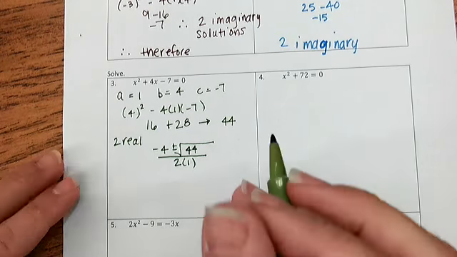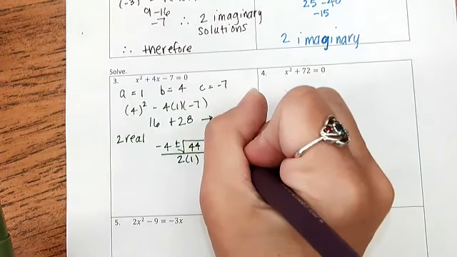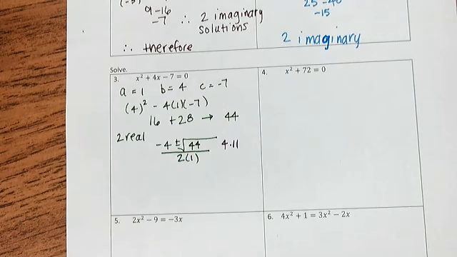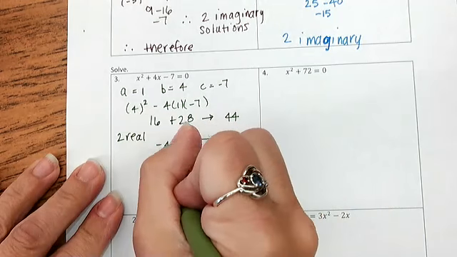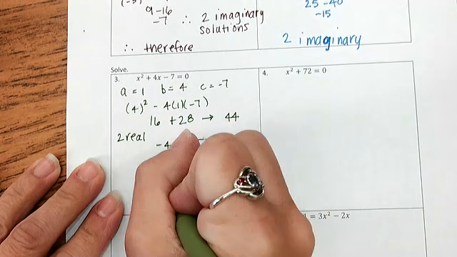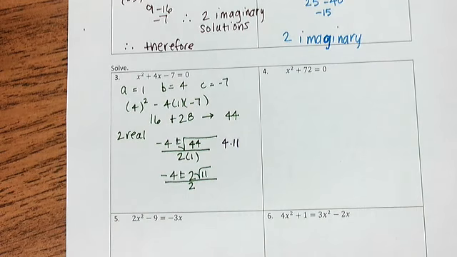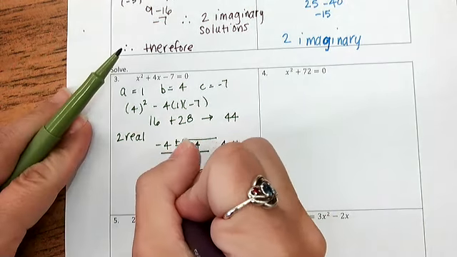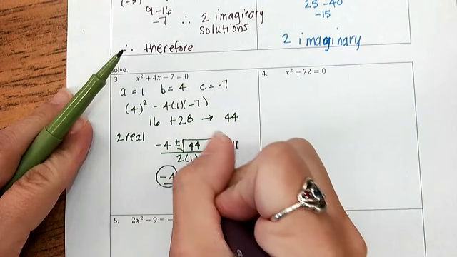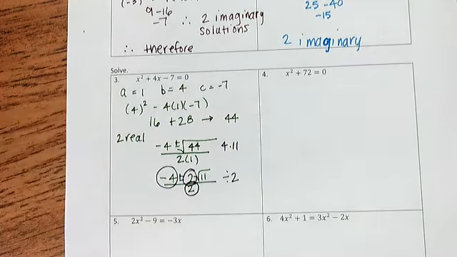Okay, so let's simplify. 44 is 4 times 11. Square root of 4 is 2. So the 2 comes out. The 11 stays in. Now I can reduce the constants. -4, 2, and 2 all divide by 2.